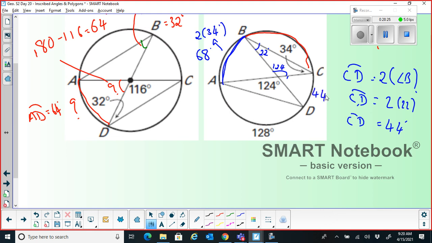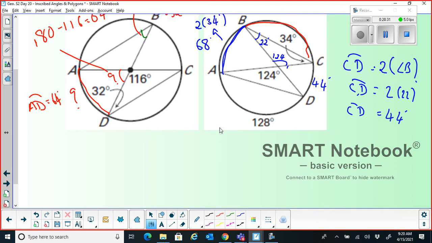And we were interested in arc BC. Arc BC is going to be 360 minus the rest of the arcs, because the sum of all the arcs in a circle will be 360. So arc BC is 360 degrees minus all the arcs: 360 minus 44 minus 128 minus 68.